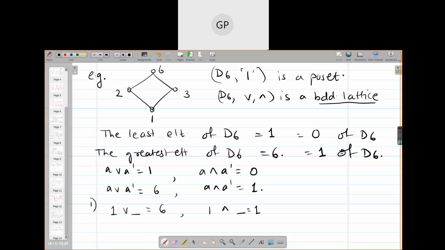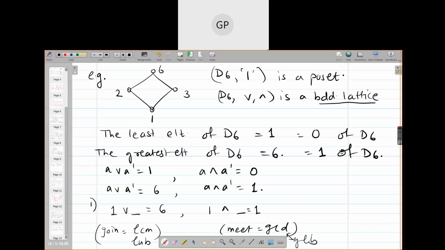What does join mean in D6? Join means LCM, and meet means GCD. This is LUB and this is GLB. When you have the divides relation, it is very easy to find.